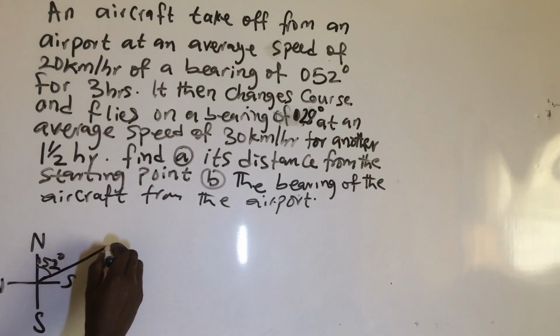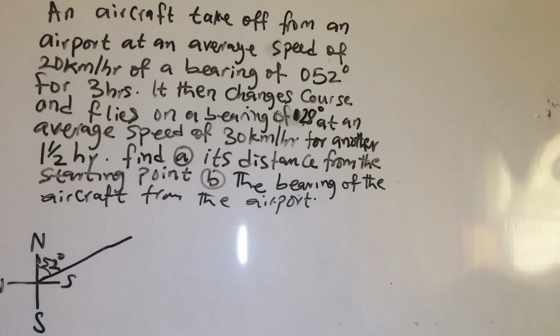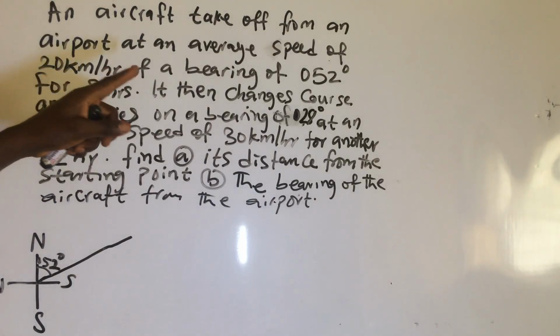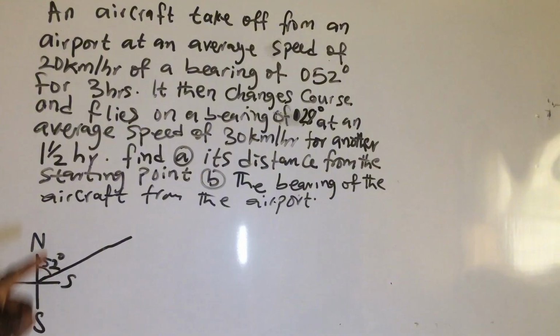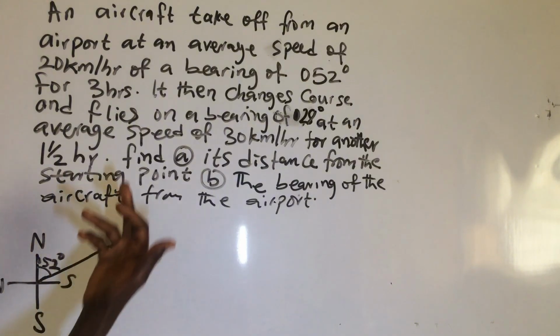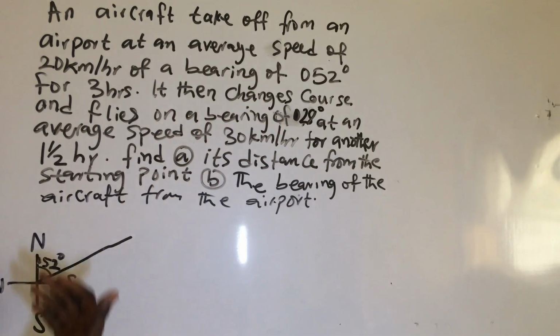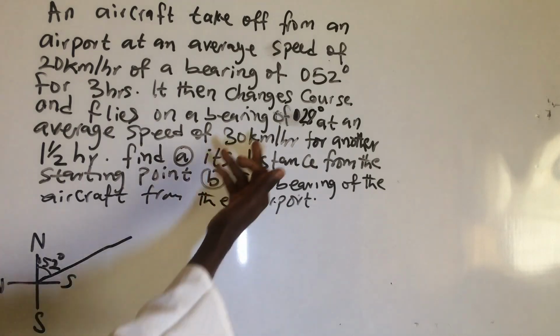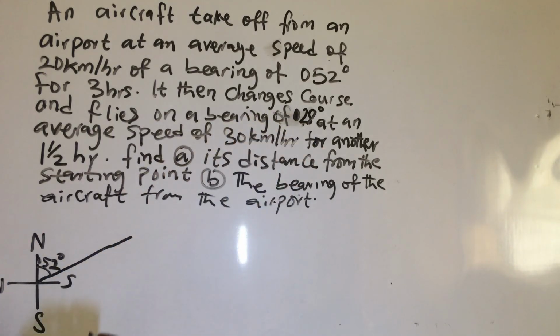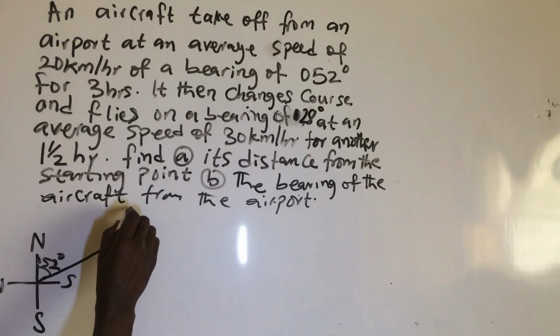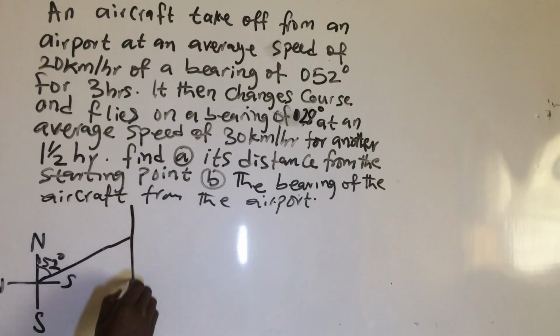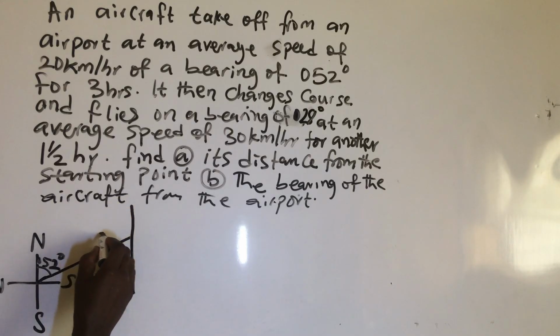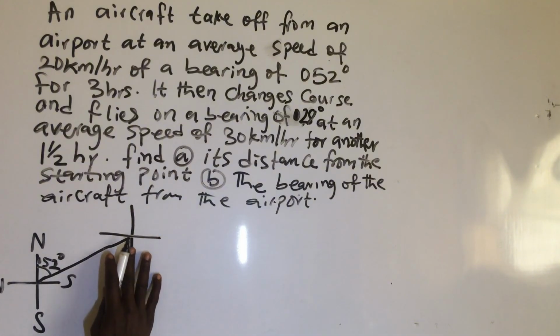When it reaches a particular distance, which they did not give us, they just gave us the speed of the aircraft and the hours it has taken to reach that distance. They now say that it changes course and flies with a bearing of 028. Where it changes the course, we will still have another 4 cardinal points.